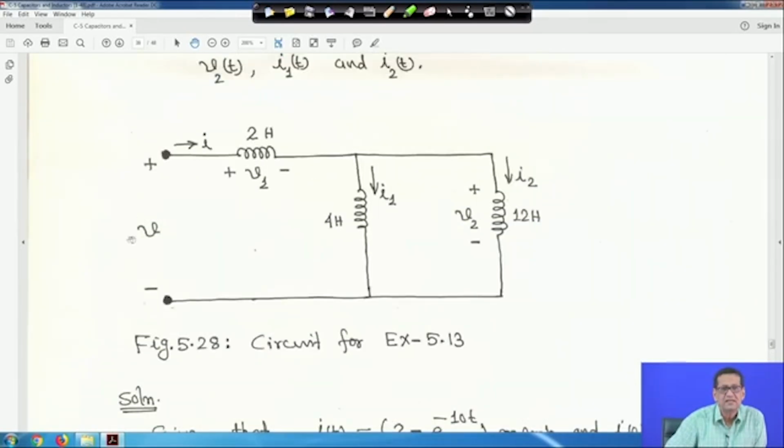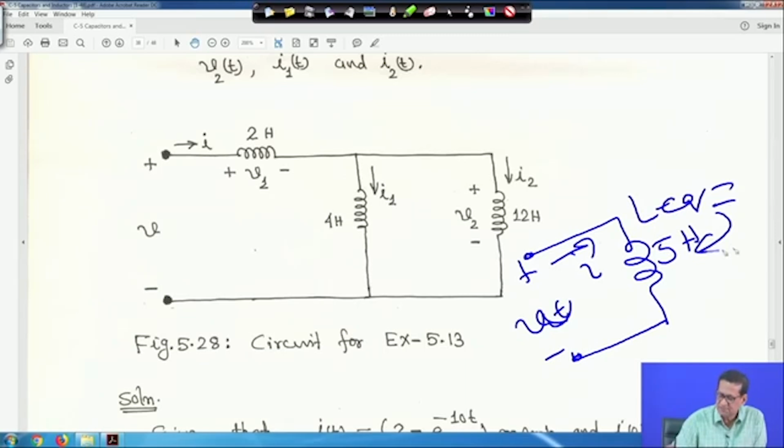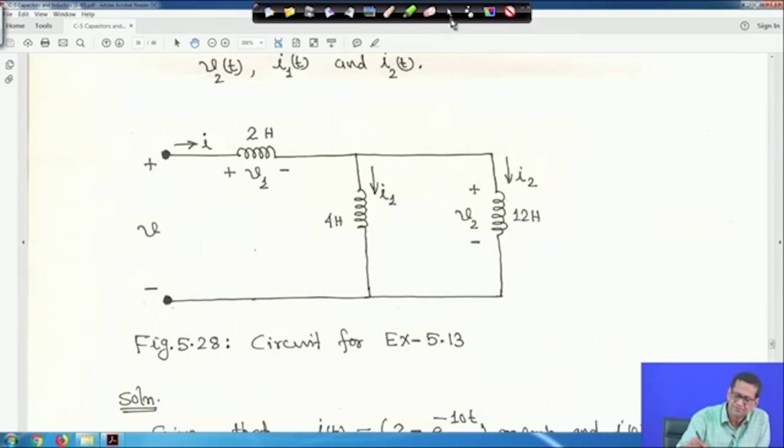Therefore, v(t), if you draw the equivalent circuit, this is your v with the 5 Henry Leq and the current i.